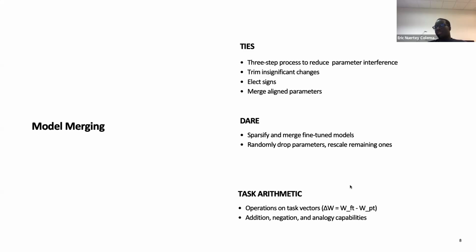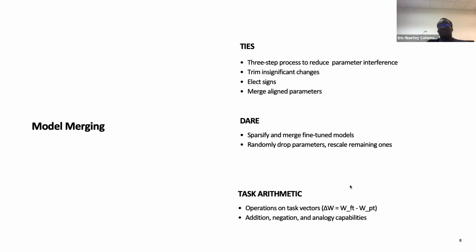You have all these expert models, and you have a lot of redundant parameters that you don't need. So usually these merging algorithms try to address this in a couple of different ways.